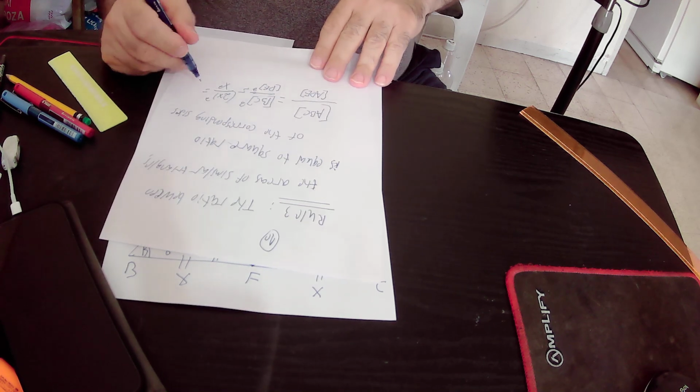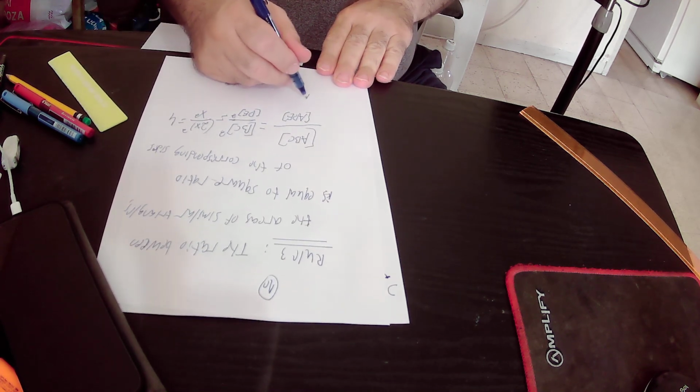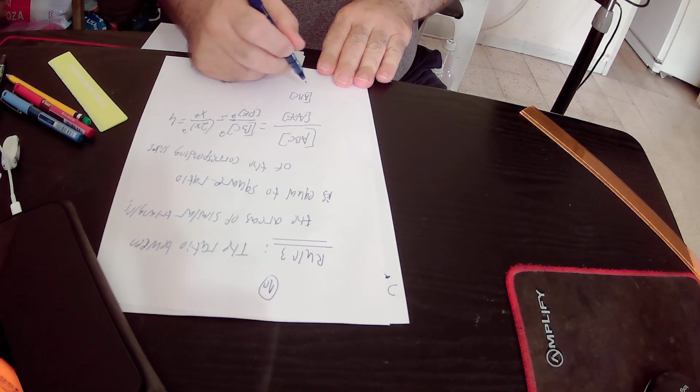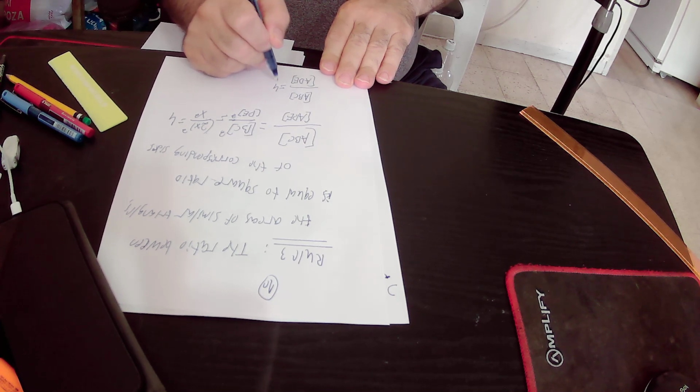So actually the ratio between the area of triangle ABC over the area of triangle ADE, the small green triangle, is equal to 4.